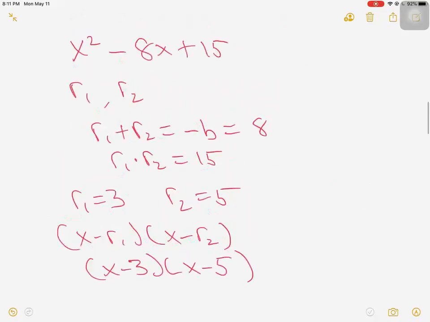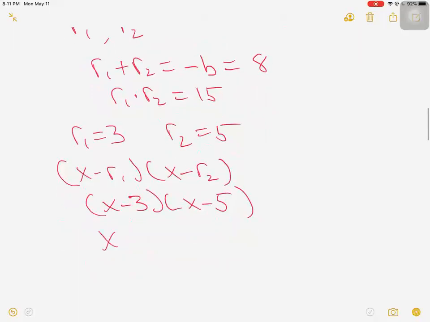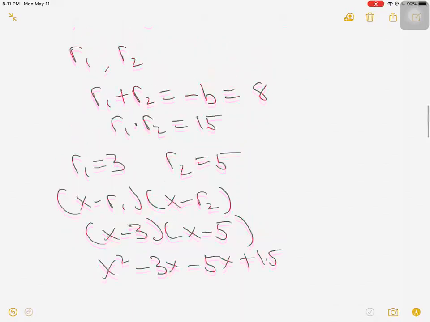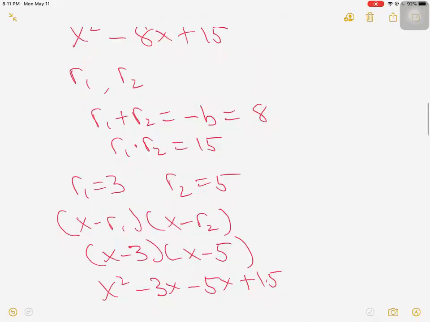And to confirm this, we can expand it. We get x squared minus 3x minus 5x plus 15, and then we would get our original quadratic from here.